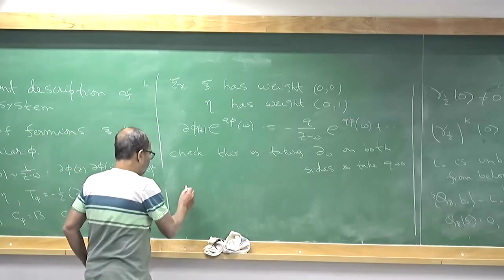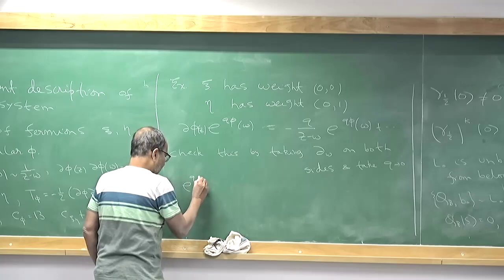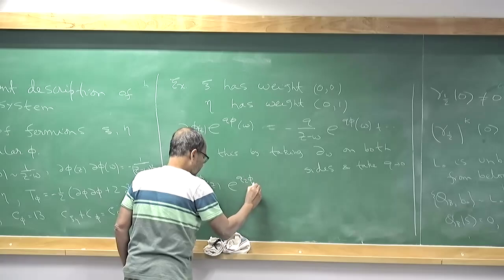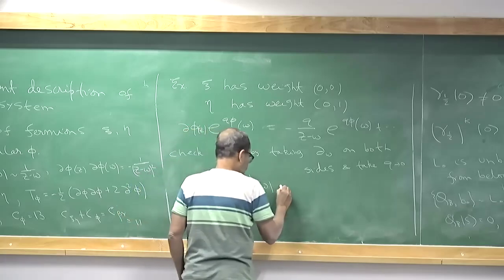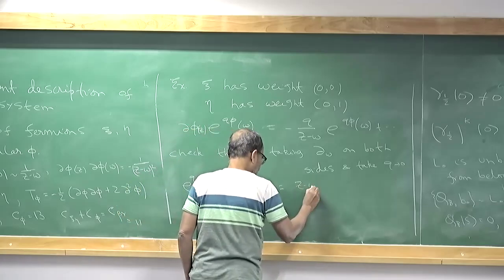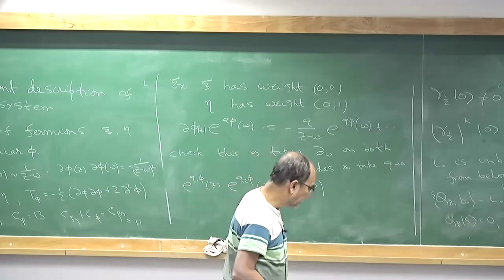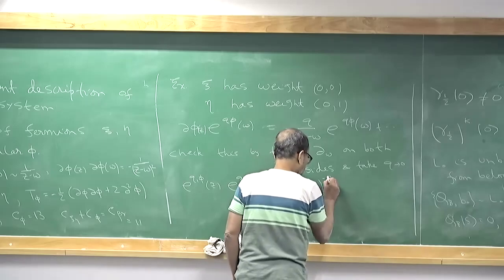And e to the q1 phi of z, e to the q2 phi of w is z minus w to the power minus q1 q2.